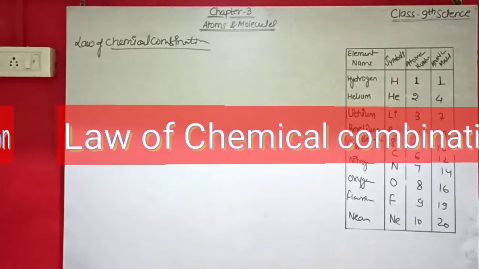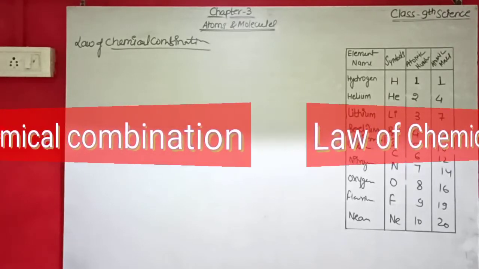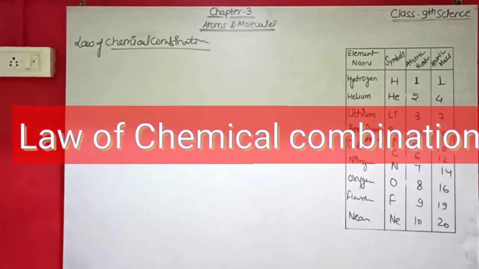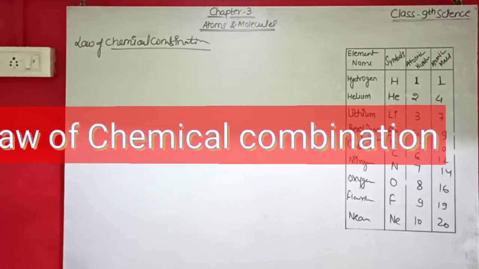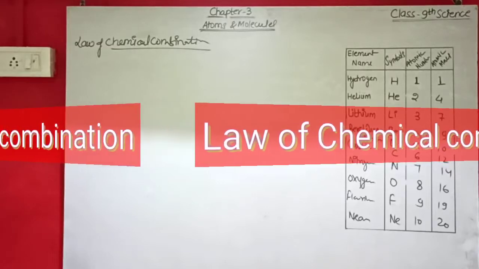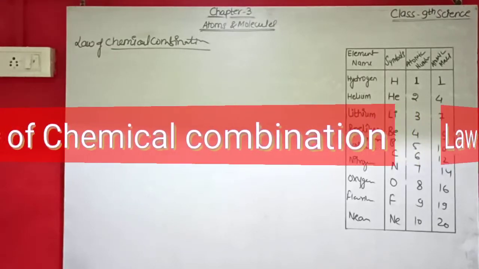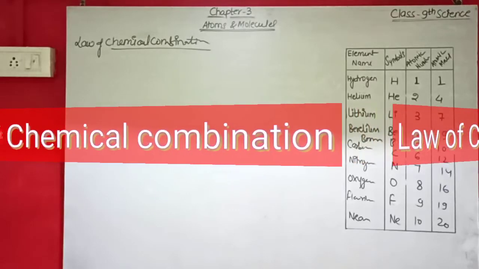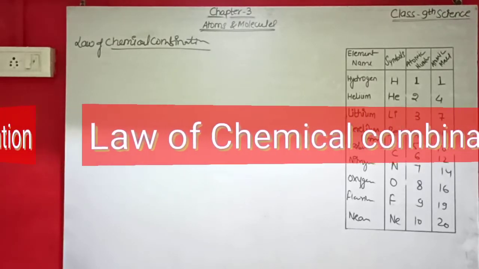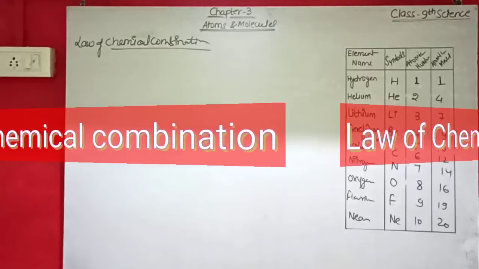In the 17th century, the scientists were trying to find out the method for converting one substance into another. During the study of chemical change, they made the laws of chemical combination.